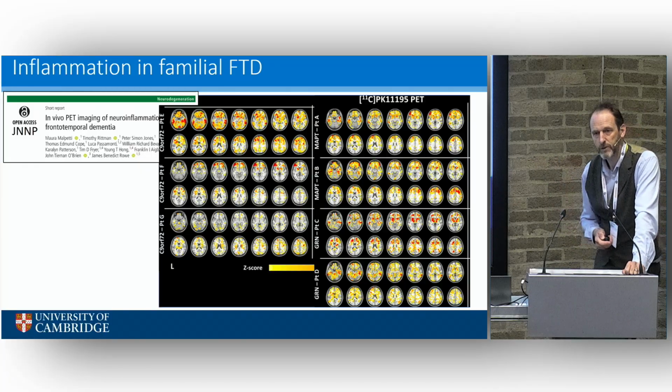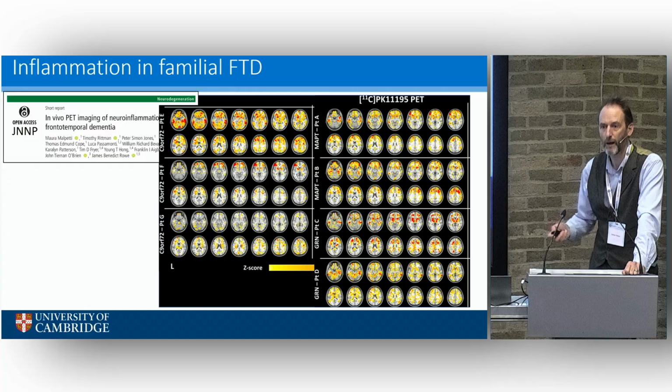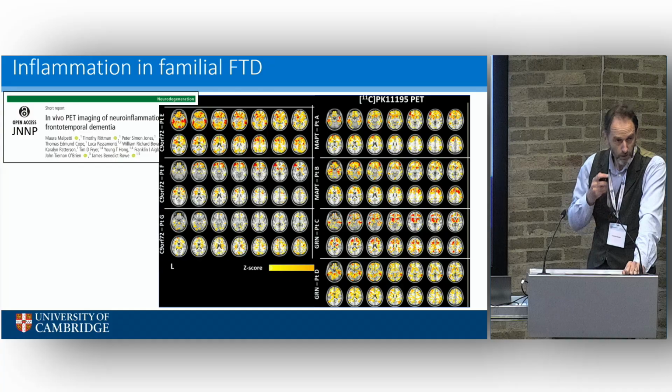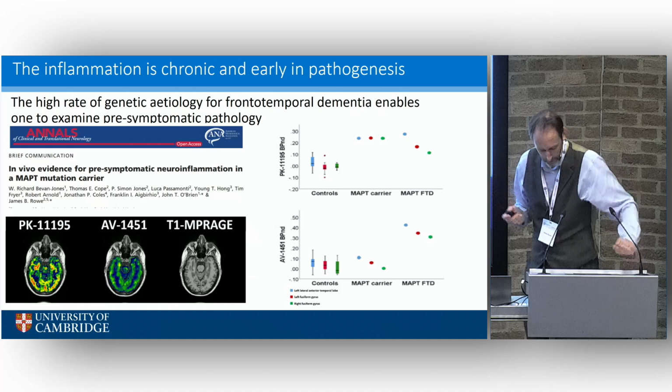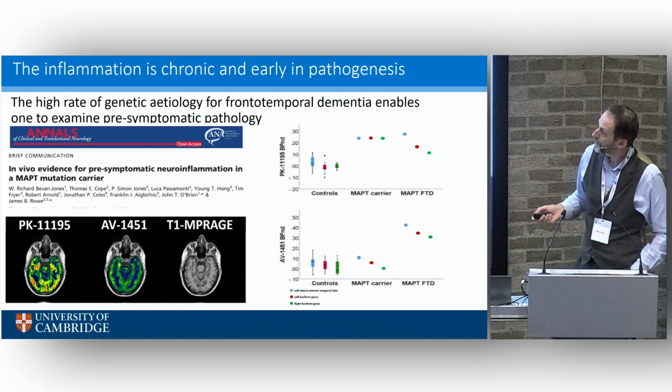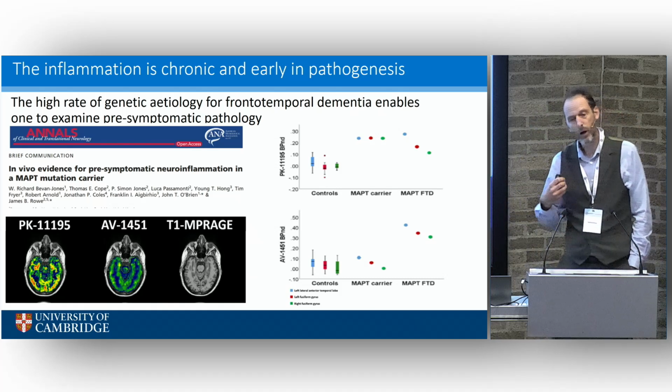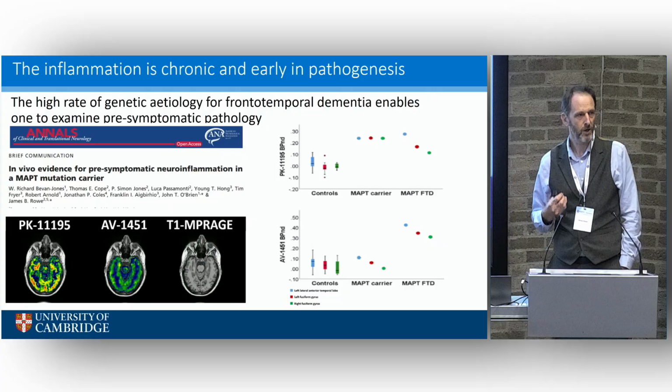And genes have this other extraordinary opportunity. Because we know who's carrying a gene, we can go to their kids or their siblings who are well and say, well, we know you are going to get this illness unless something's discovered too soon. You are, very highly penetrant genes. But let's see when this inflammation occurs. So this is one published example, we have others now, that we can look in people who are 5 to 10 years off their symptoms.